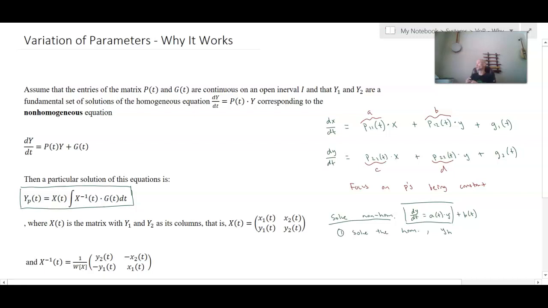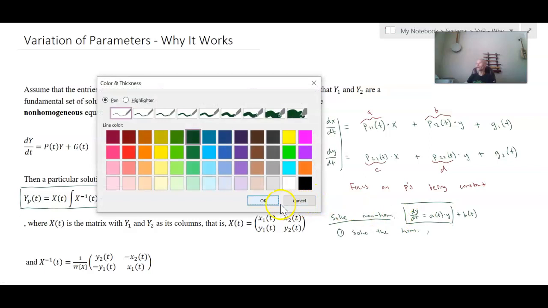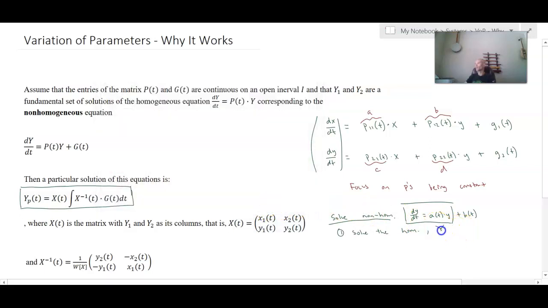find that homogeneous solution, and then secondly, but in our case this is not going to be little y sub h, this is going to be capital Y sub h, because remember we have a dx/dt and a dy/dt. So in our case, we're going to find some vector solution Y sub h, which will contain an x component and a y component.